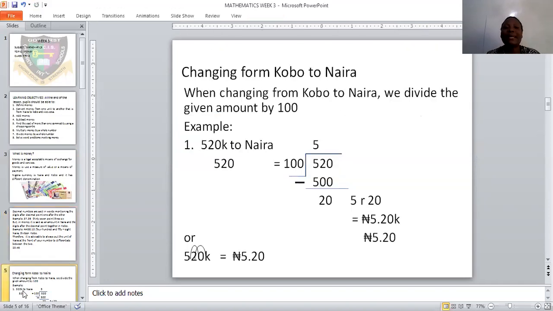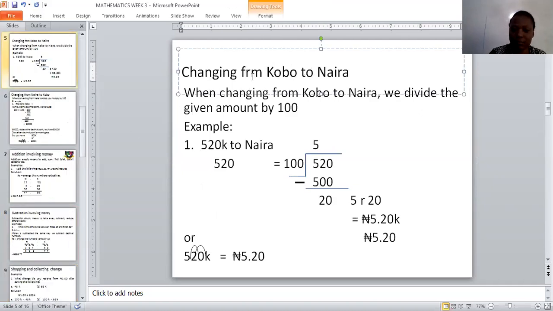The next one is changing from kobo to naira. When changing from kobo to naira, we divide the amount given by 100. This is just a preamble.